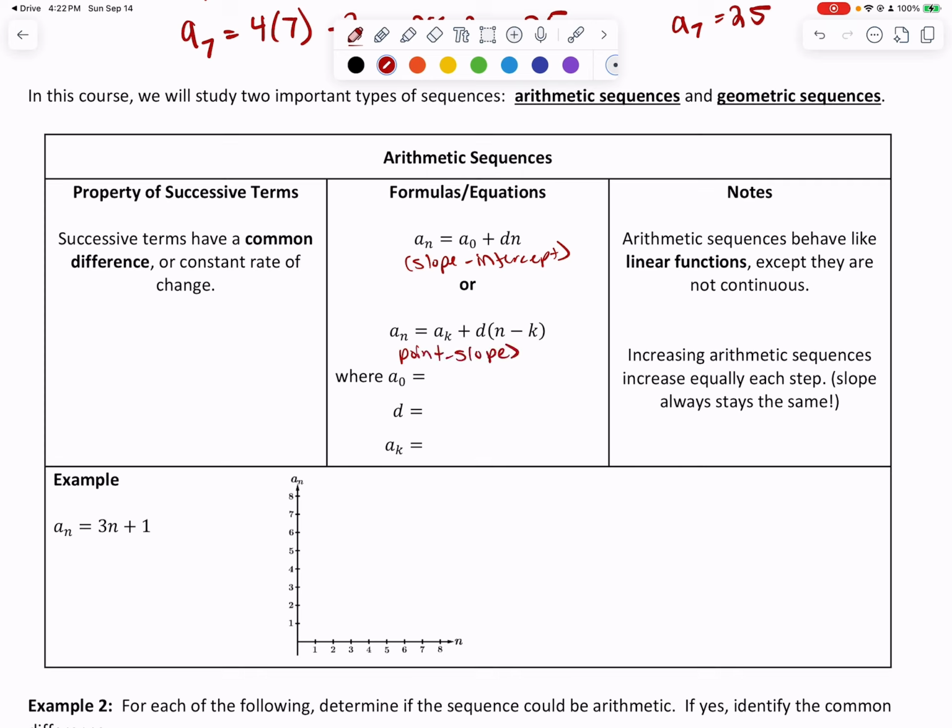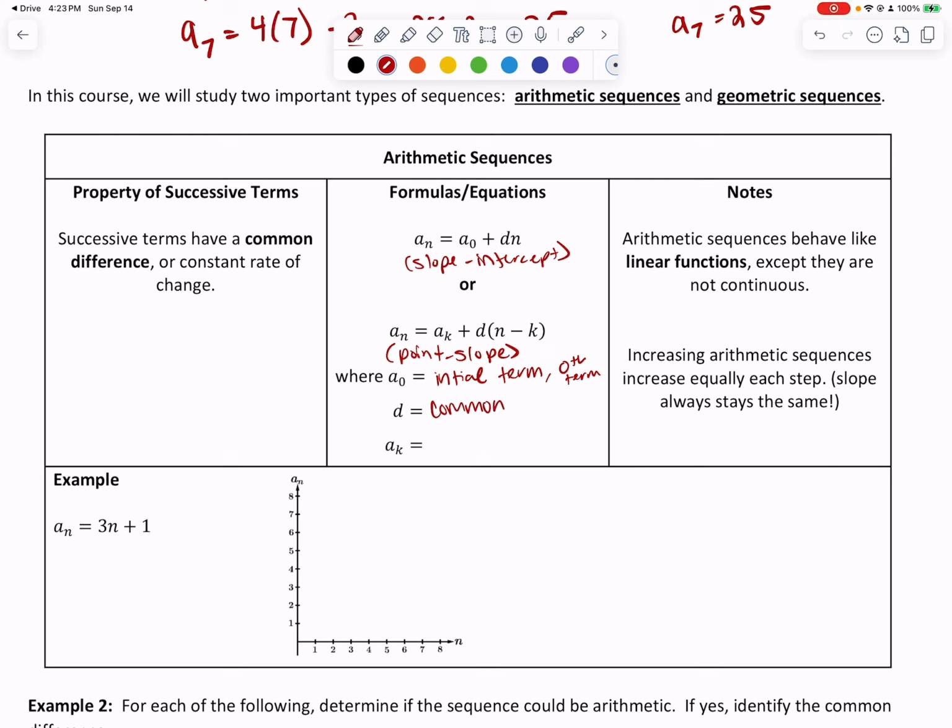If you're not familiar with point-slope, find a Khan Academy video. It can definitely be helpful to understand how point-slope form works. A sub 0 refers to the initial term, or the 0th term. The d is the common difference.